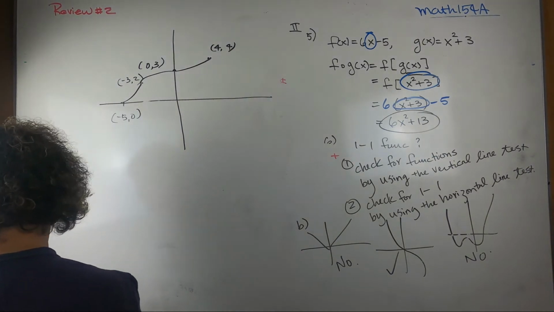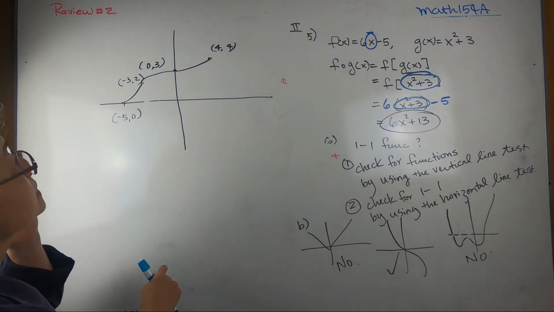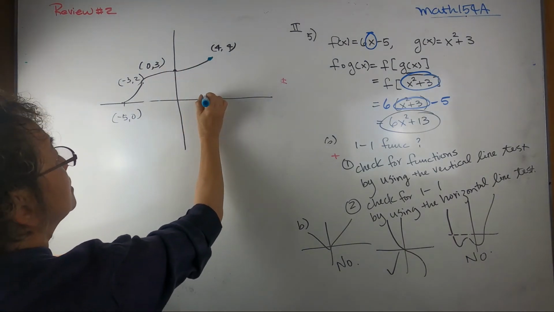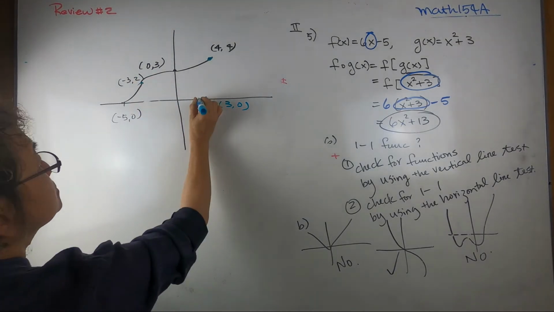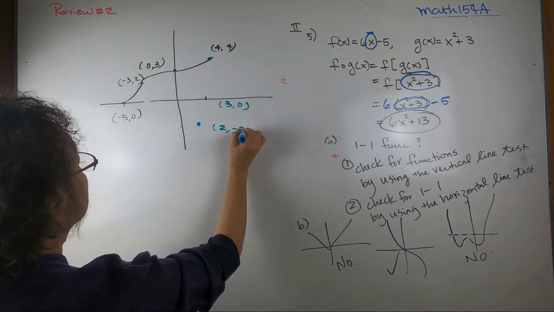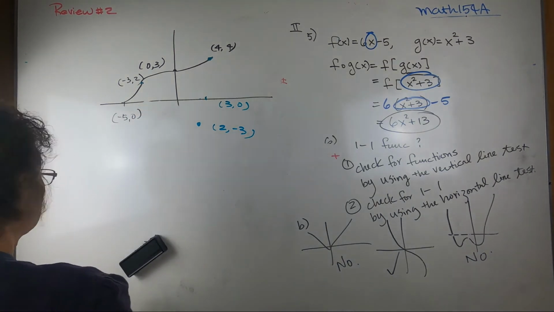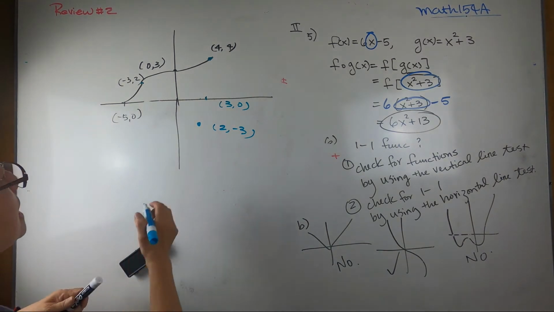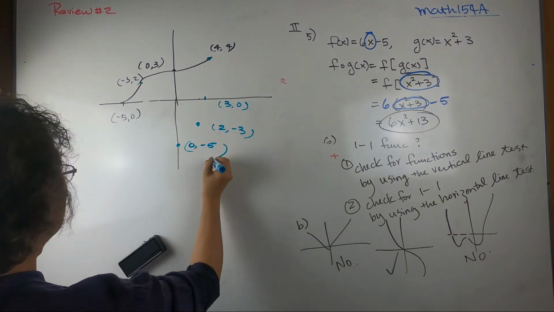Then for inverse, what do we mean by that? We switch x and y, right? Reverse. So 4, 4 is still 4, 4. 0, 3 becomes what? 3, 0. -3, 2 becomes what? 2 and -3, right? -5 and 0 becomes 0 and -5. Right?